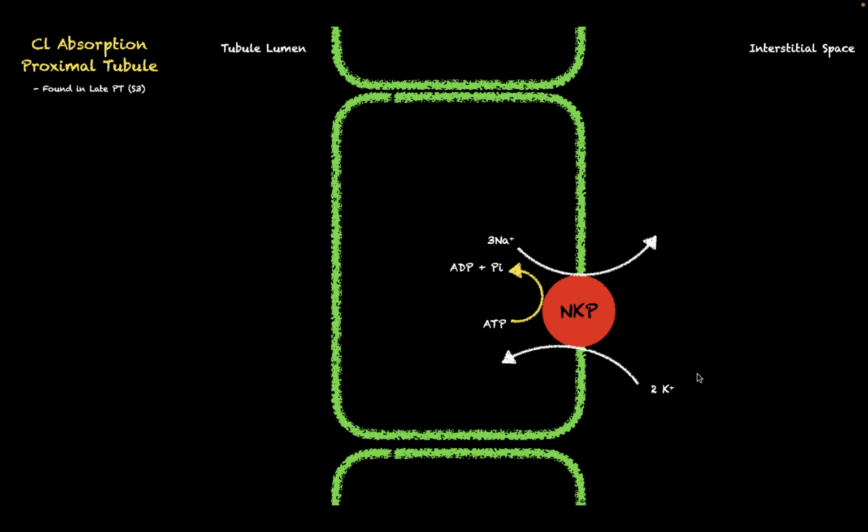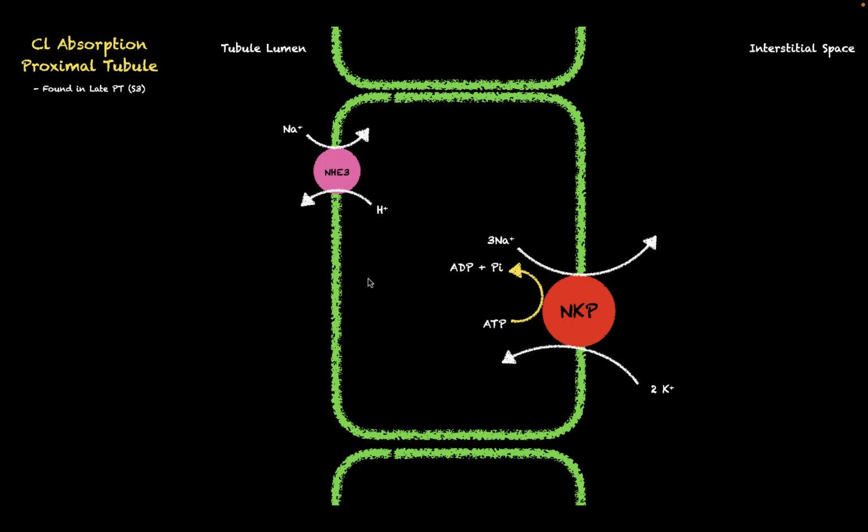So an important protein that is responsible for transcellular chloride reabsorption is going to be the sodium hydronium exchange protein. Remember that this protein is basically going to couple the downhill movement of sodium to the uphill movement of hydronium. So it uses the energy released from moving sodium into the cell to basically move hydronium out of the cell into the tubule lumen.